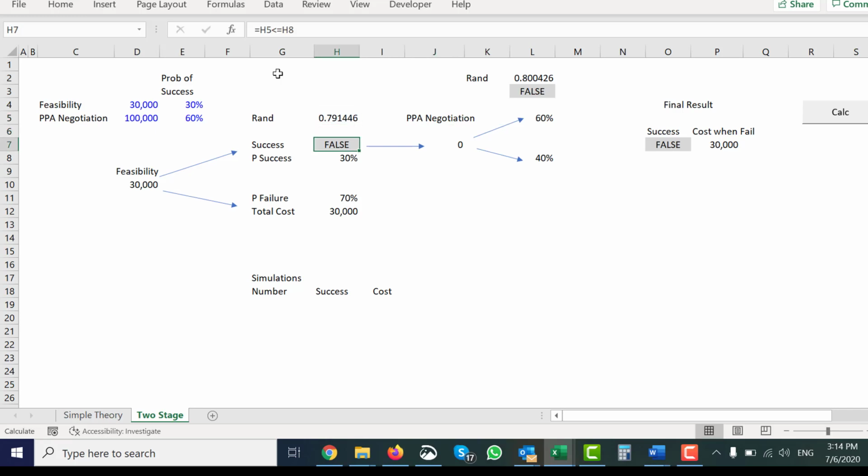And if this random number is less than or equal to the probability, we're going to define this as a success. Now I put a little thing so I can recalculate it. So sometimes we'll have a success, and 30% of the time we won't have a success.